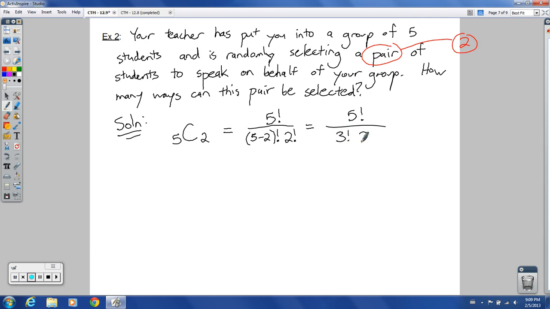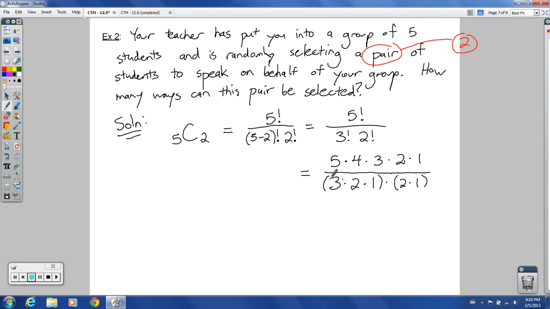I'm going to show you the long way on this one and the shortcuts on some of the other ones. Written out the long way, this would be 5 times 4 times 3 times 2 times 1. On the bottom, you've got 3 times 2 times 1, that's 3 factorial, and then 2 times 1 is the 2 factorial part.